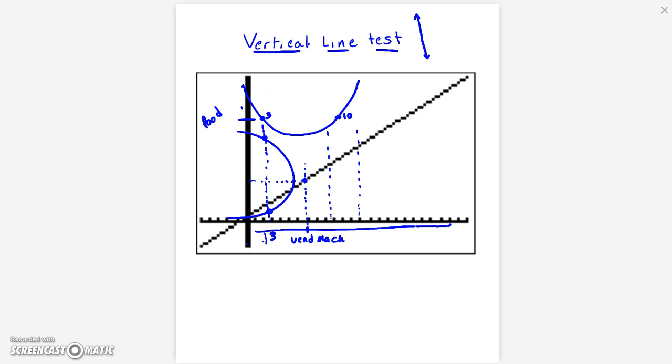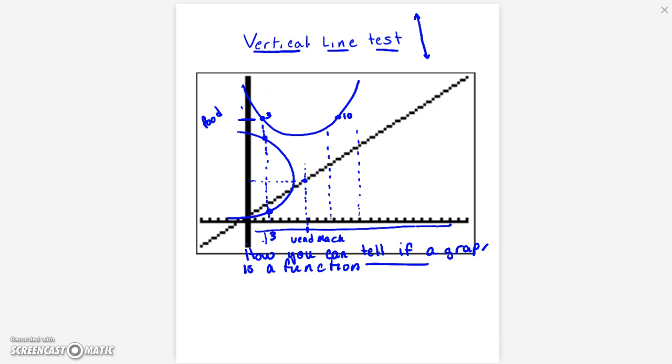And this is the vertical line test, and make sure you write this down. The vertical line test is how you can tell if a graph is a function. Don't forget this.